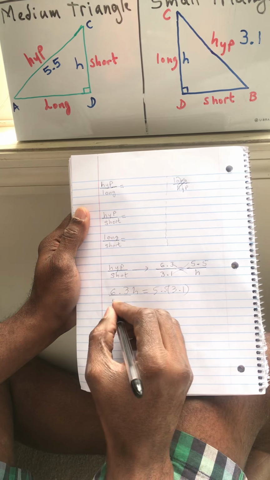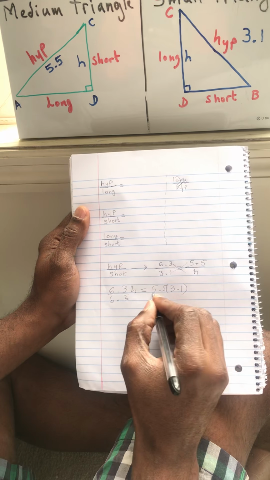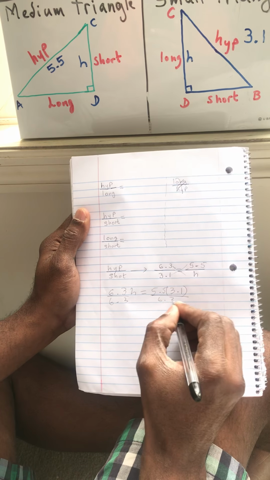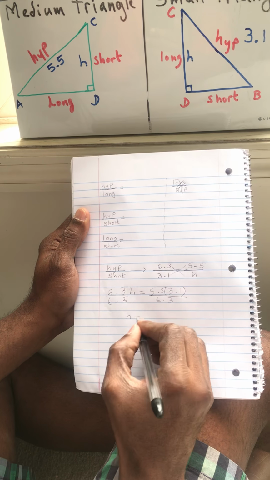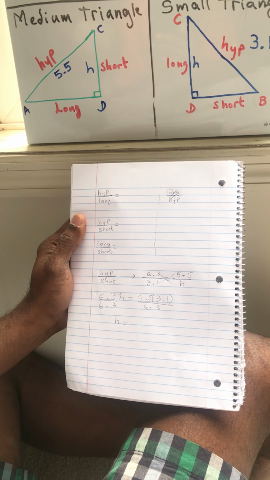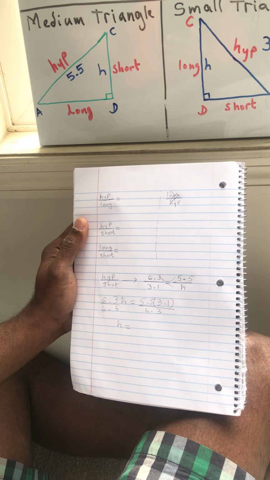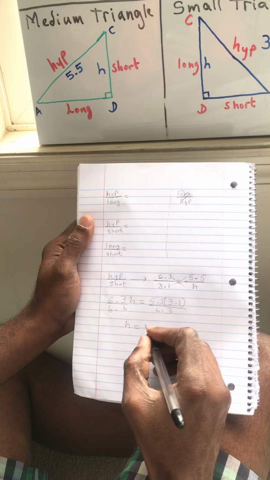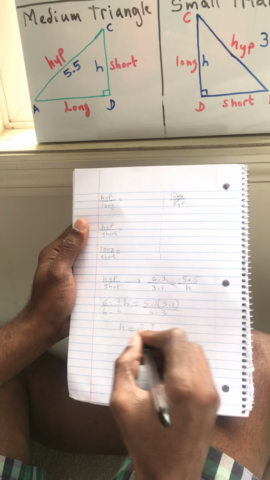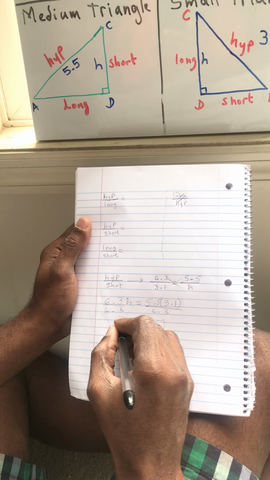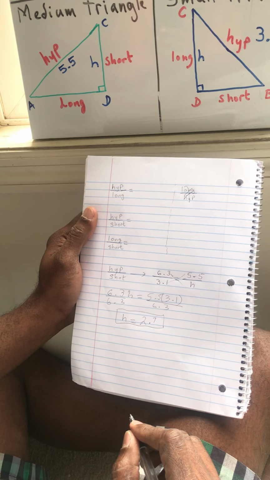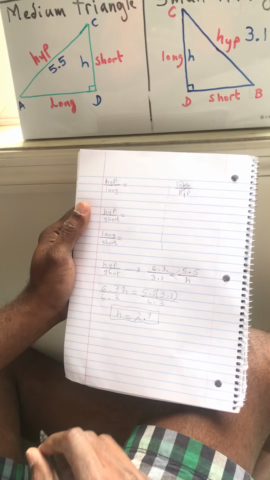Now I'm going to divide this side by 6.3. Once I put it in the calculator, H is going to give me 2.7. Simple as that. The examples you have to do in Big Ideas or Delta Math are similar to this one. Thank you.